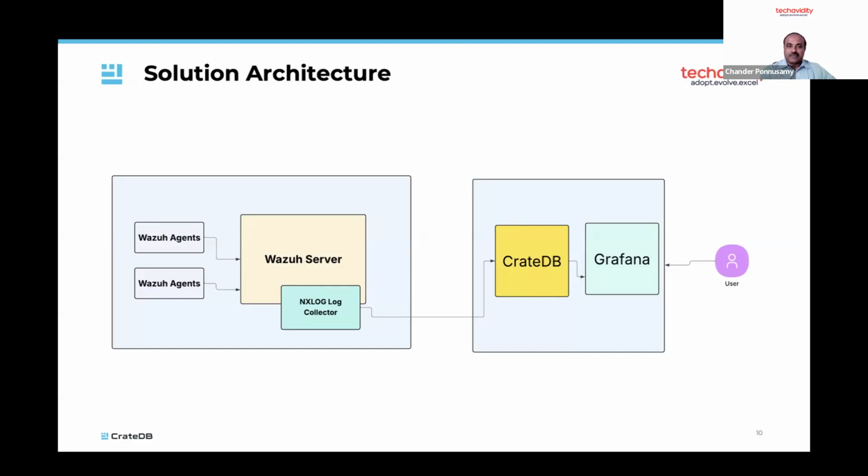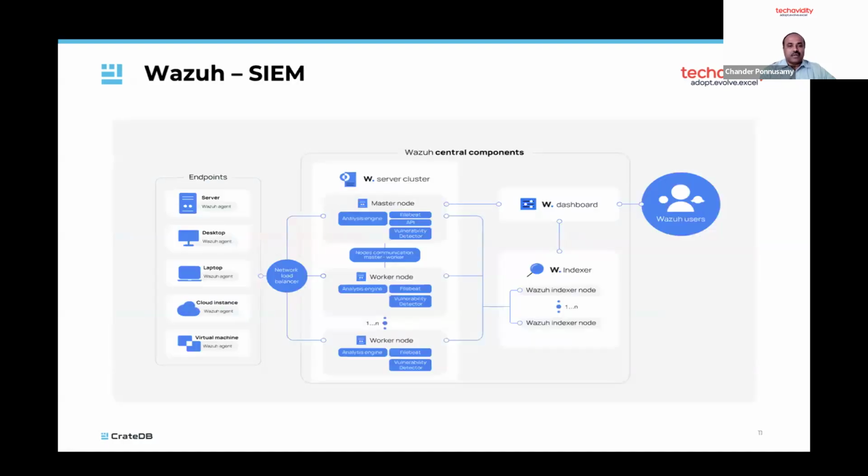Next slide, Stefan. Okay, just to further enhance the architecture of Wazuh, as I mentioned, the endpoints are any device we would like to monitor so that they can send the data to the Wazuh server. The Wazuh server can be installed on a single system, or it can be installed on a highly available system where master node and worker node can form a high availability cluster for continuous monitoring.